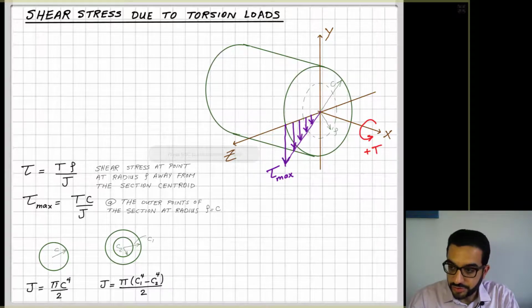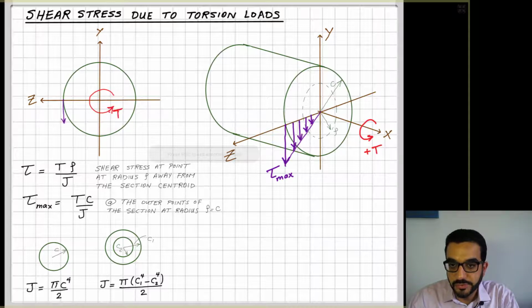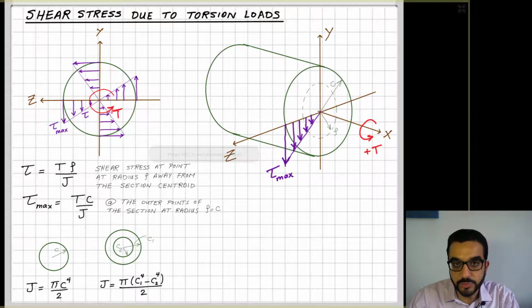Now, how the shear stress will be over different points or the whole cross section. If this is a projection of the section, you see here every point will have a direction for tau dependent on the geometry of the section, and this tau will be perpendicular to the radius of this point.